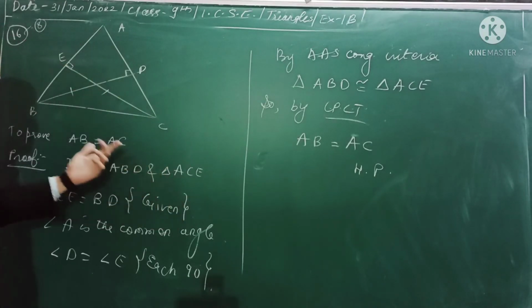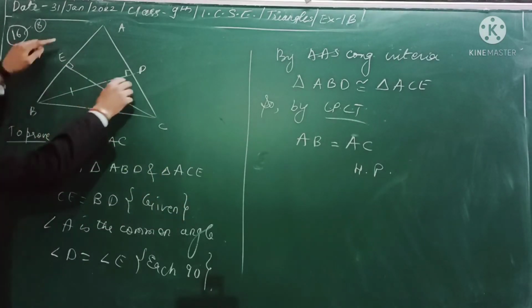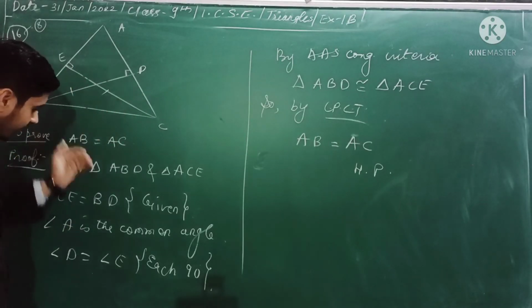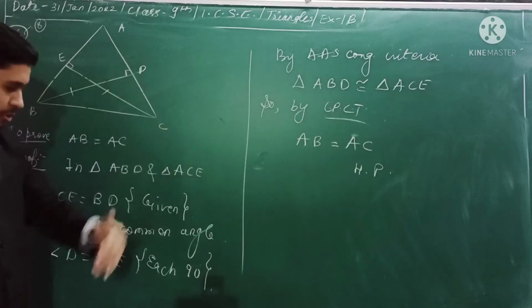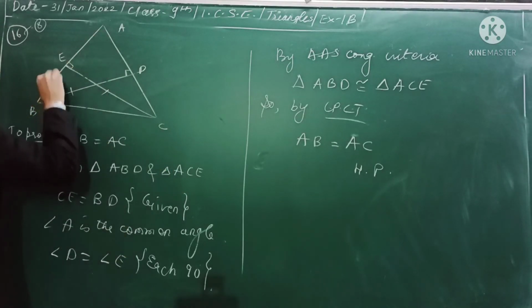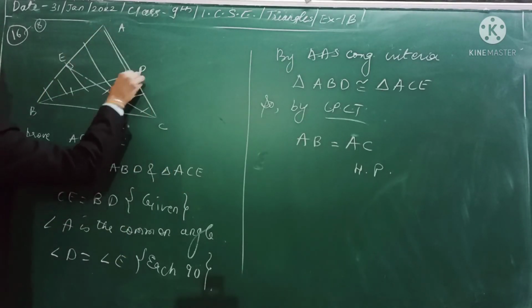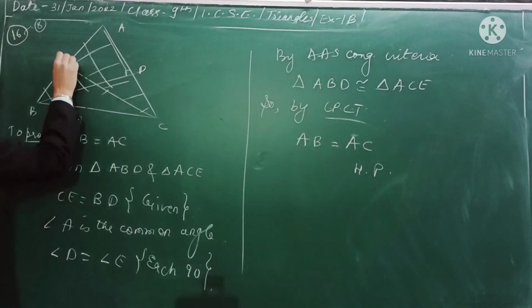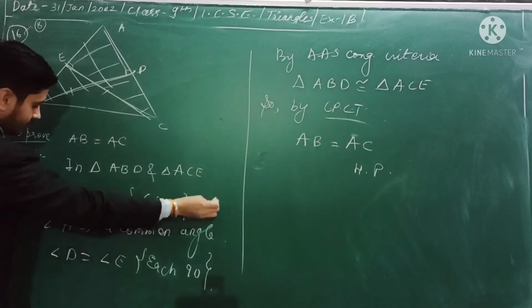Now in this question, they are telling you to prove that AB is equal to AC, provided these two altitudes are equal. So we have to totally go in reverse and follow the same procedure. We will be taking this triangle and this triangle. In these two triangles, CE is equal to BD, which is the given part.